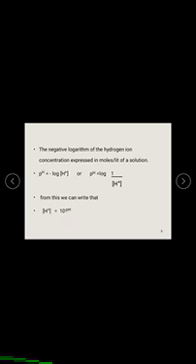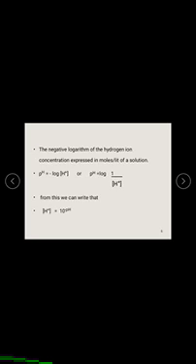The anti-logarithm and logarithm cancel, so the H plus ion concentration equals 10 to the power of minus pH. This is the mathematical expression of the definition.